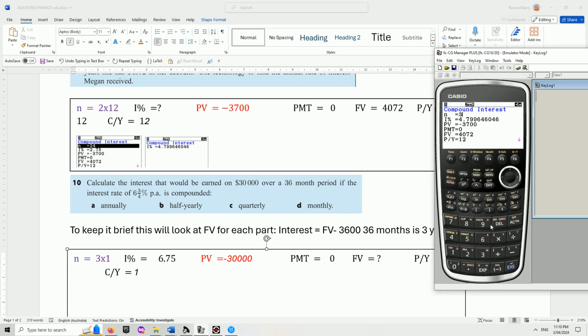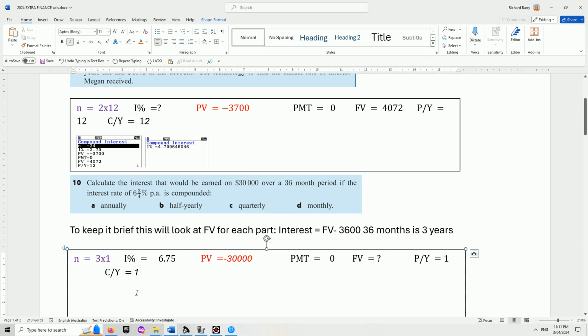N equals 3. I equals 6.75. Minus 30,000. It's no payments. Future value is what we're going to look for. I'll put a 0 there for now. And payments per year is 1. They're both set as 1.